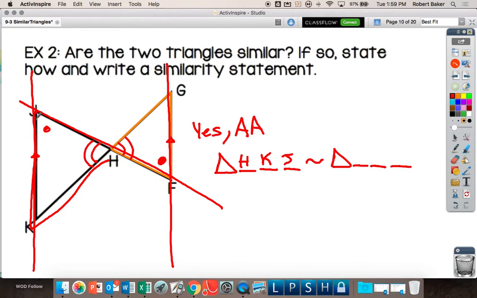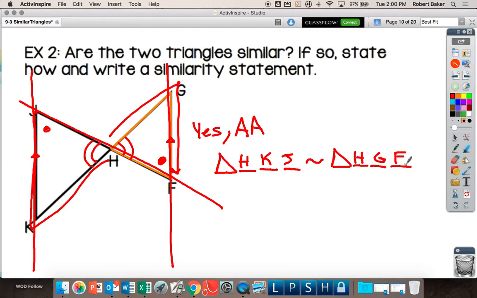So we have to go 2, blank, dot. So what is the name of the orange triangle? HGF. The similarity statement has to be written in the correct order so that you can match up the corresponding angles.